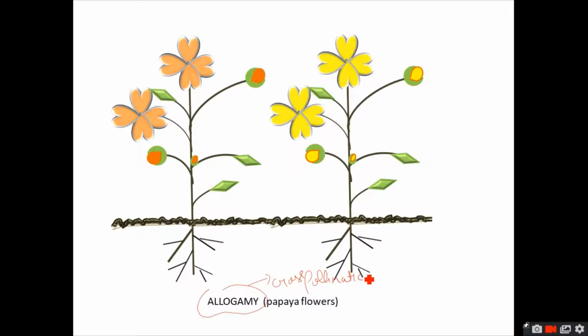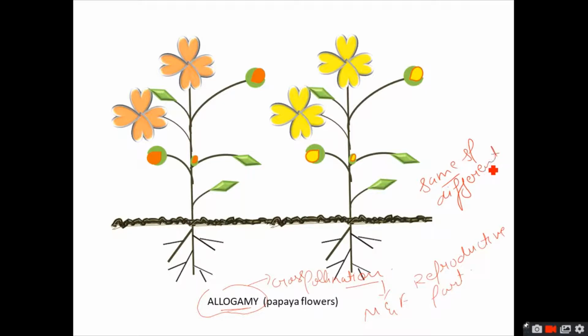Cross pollination is commonly seen in plants which have male and female reproductive parts on different plants of the same species. This is very important: the gametes, or the cross pollination, will take place between the same species, on different plants.